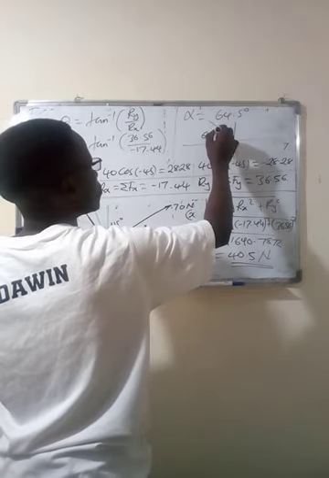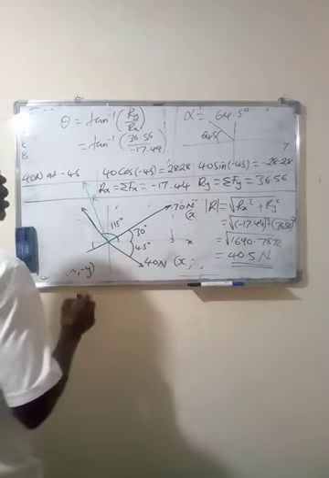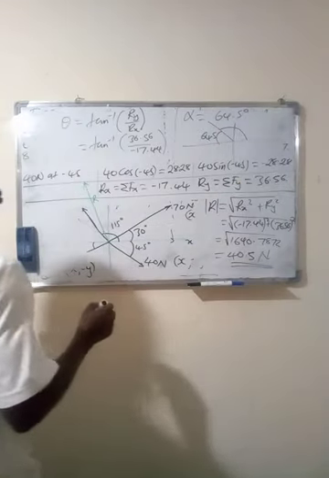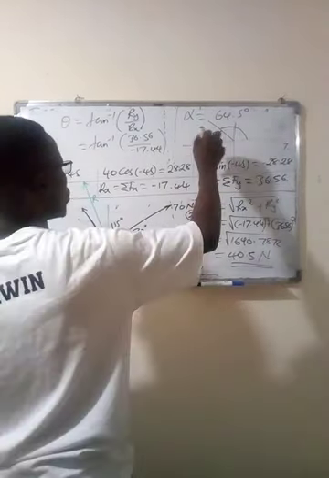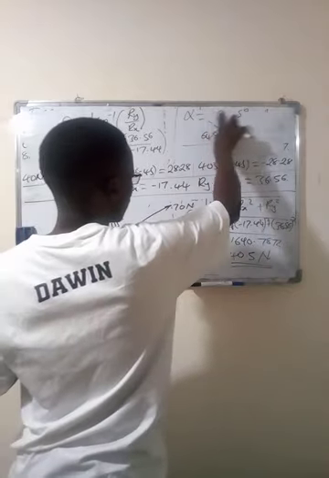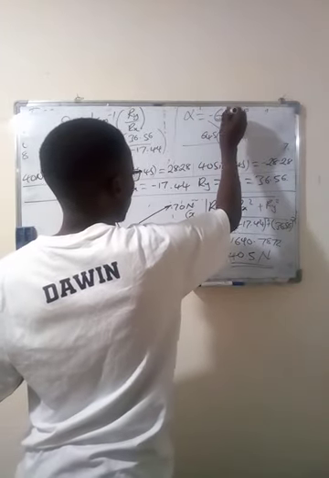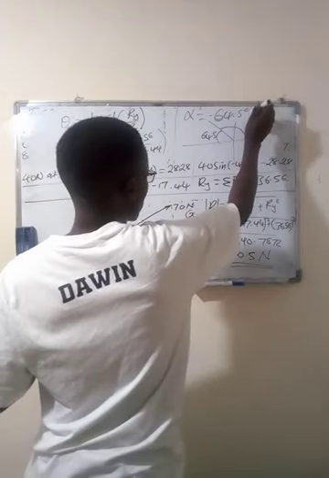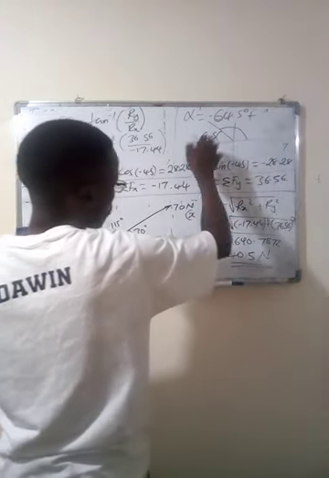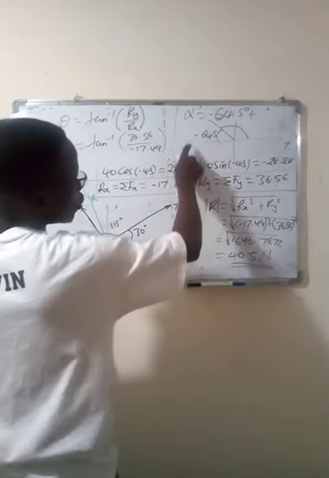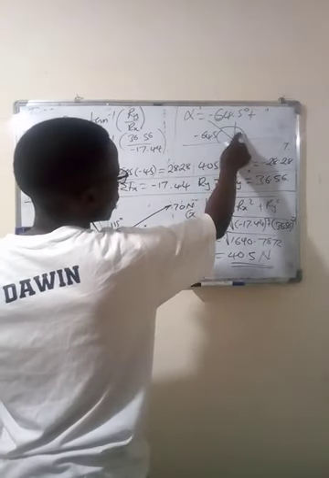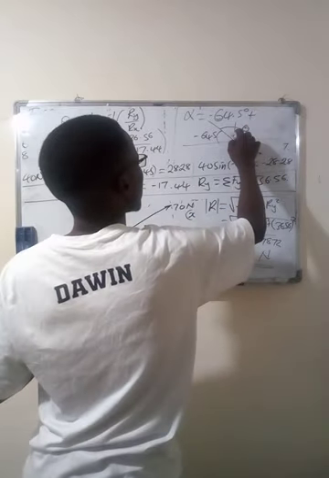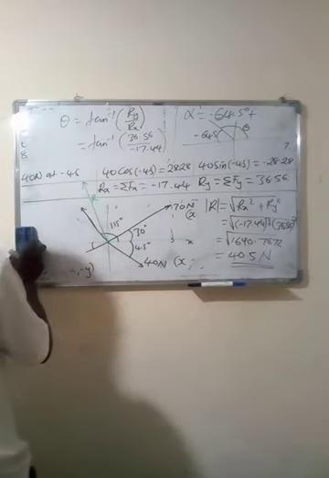So because it came out negative, remember it was negative 64.5, we're just going to use 180, because if we add this angle and that angle, which is our theta, it should give us 180. So we're simply going to subtract this angle from 180.